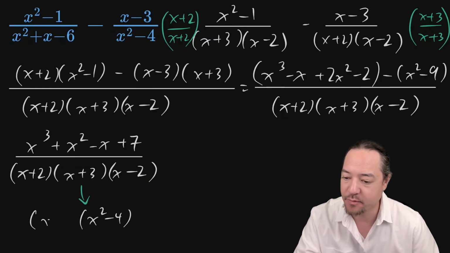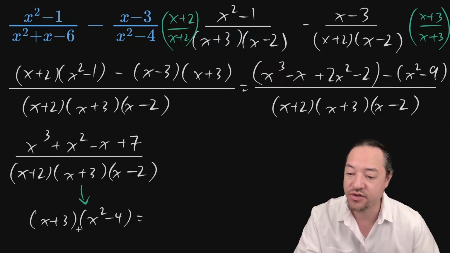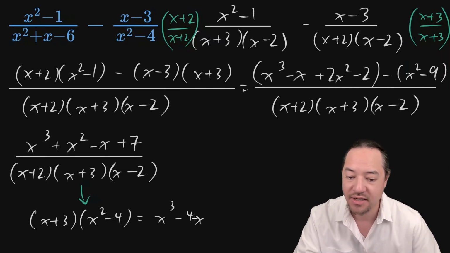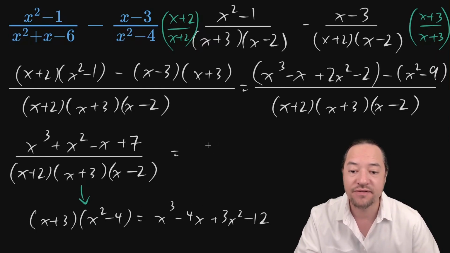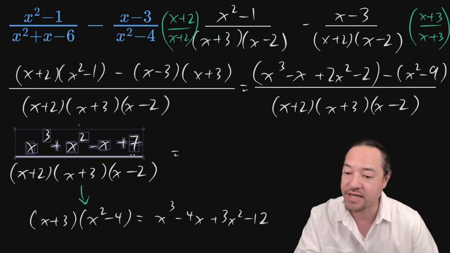So that multiplied by an x plus 3. And now I can distribute, right? If I distribute here, I'm going to get an x cubed minus 4x plus 3x squared minus 12. Okay, so that's what I'll have in my denominator for this final rational expression.